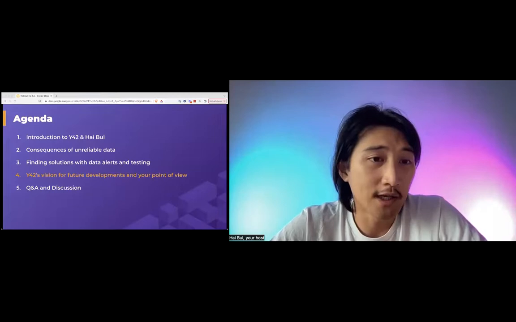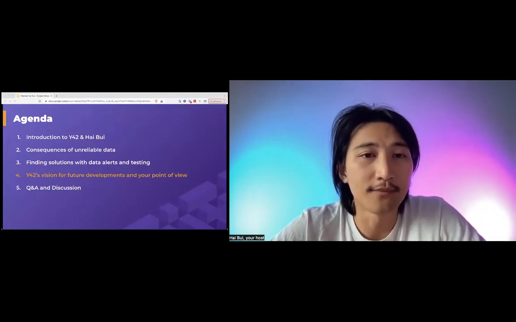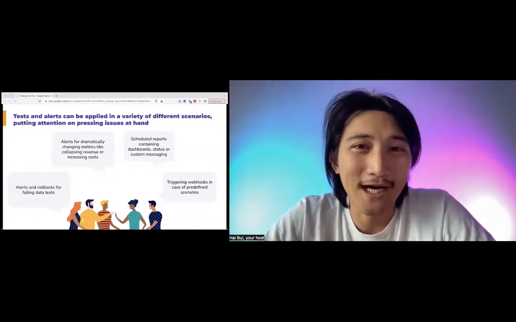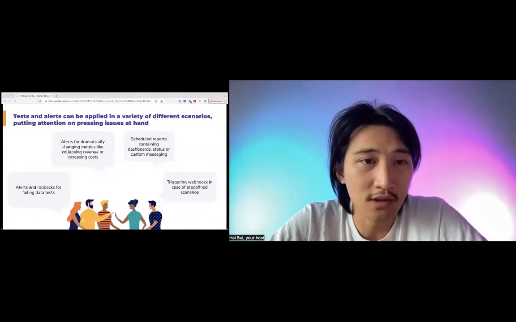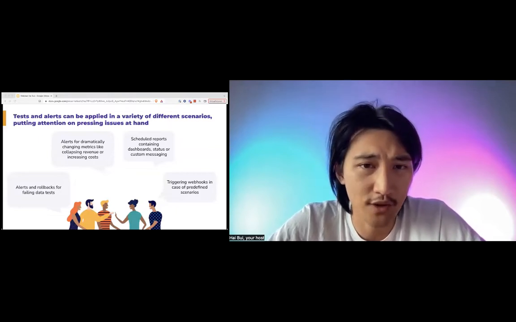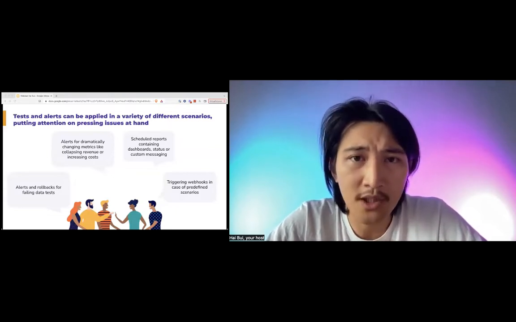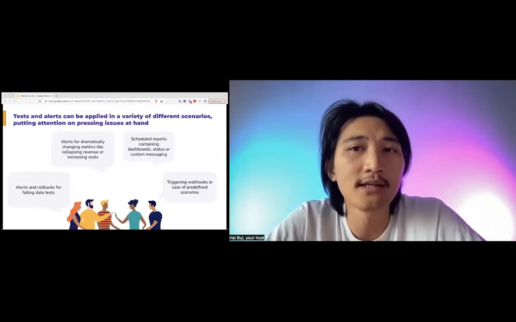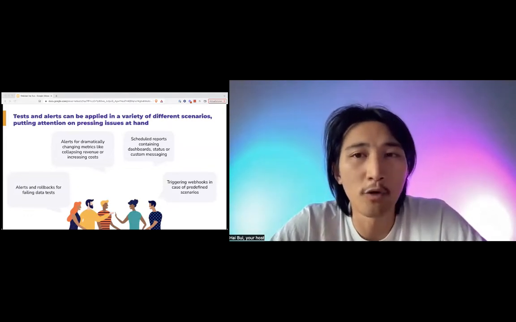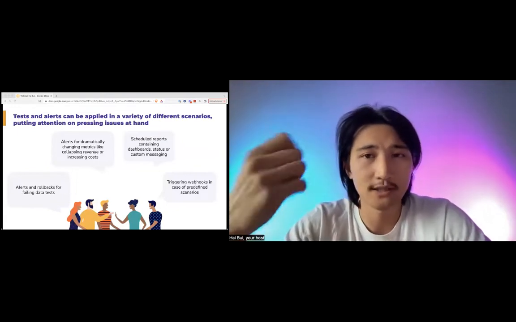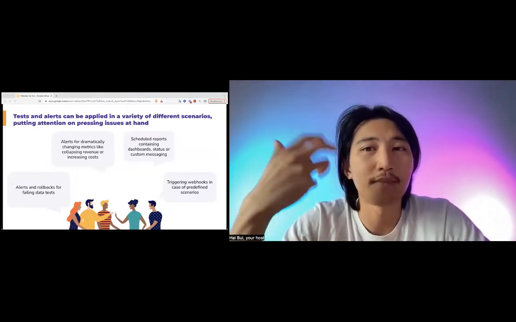So now let's talk about how we at Y42 see it, and what is our view on data testing in the future. So we were thinking, okay, we want our users to be confident about their data that they have in production, that they have on our platform. We want to notify them when a test failed or tests fail, and we automatically roll back to the last version that worked. And we want to send out alerts that users can set up based on some business logic.